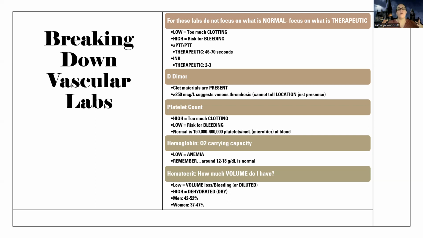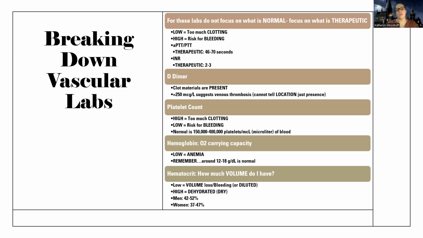With a lab like this, if we're getting above 70 seconds, that's taken me a long time to form a clot, which means I'm more likely to bleed. But on the opposite end of the spectrum, if I get less than 46, it means it's taking less time for me to form a clot. It means I'm making more clots, and therefore I'm more likely to clot.